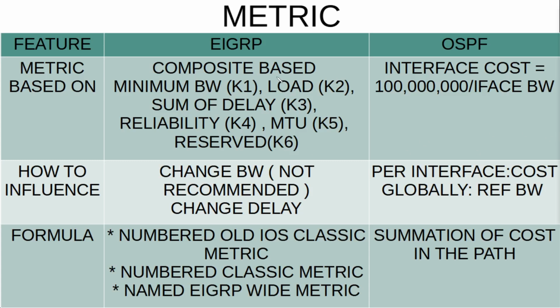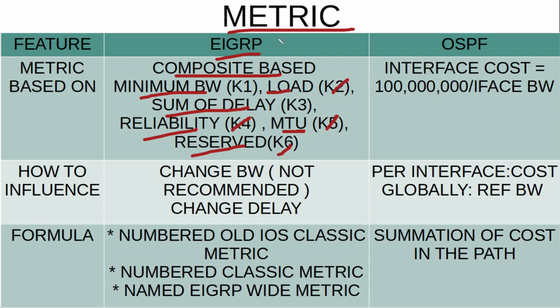Now let's talk about the metric. Now let's see how the metric is calculated for EIGRP. It's a composite-based metric because we are going to take into account minimum bandwidth, load, summation of delay, reliability, MTU, and a reserved value. Most of the time these multipliers, known as K values, are going to be set to 0.